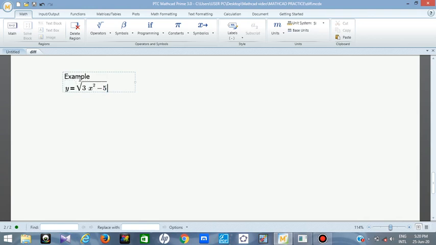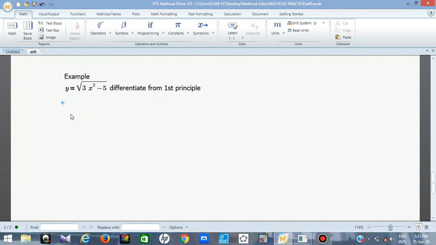We are asked to differentiate this from first principle. How are you going to do it? You're still going to apply the same approach as in the previous example. So you start by adding delta y to this side and adding delta x to this side. So that is the first step.